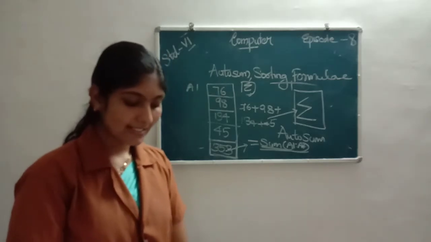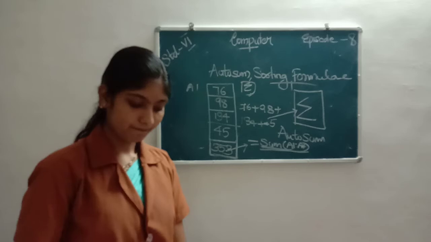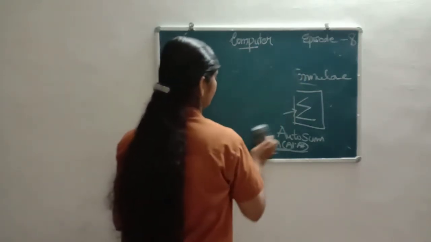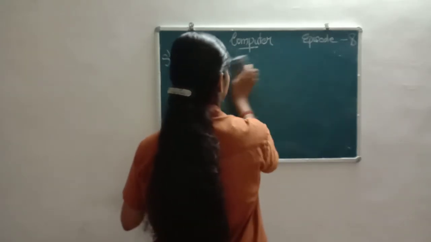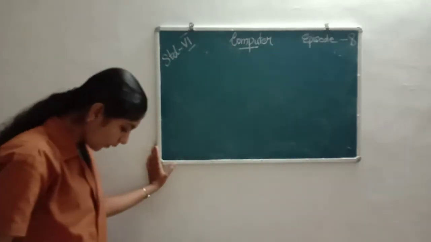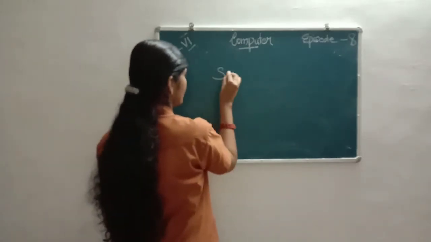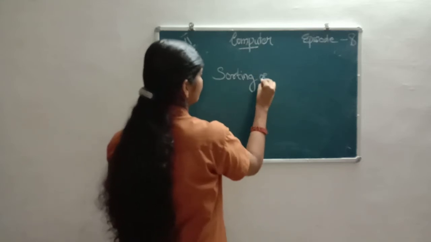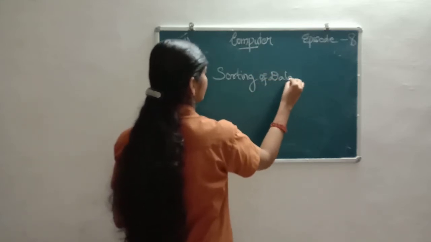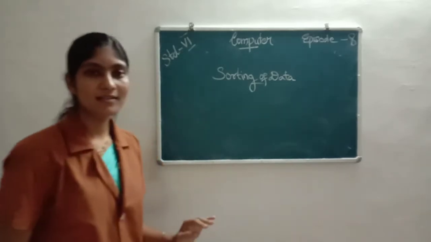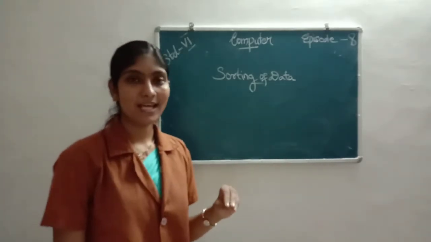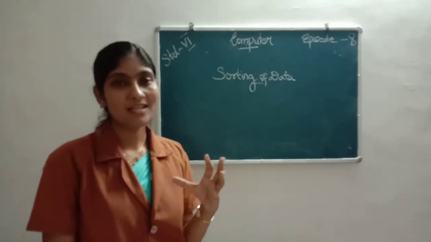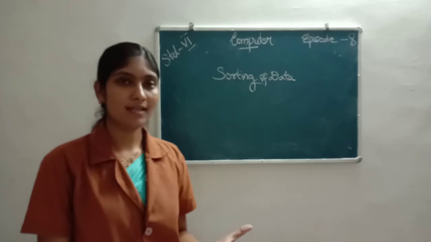Okay. Next is sorting of data. Sorting means arranging the data in a particular order, that is, ascending order or descending order.